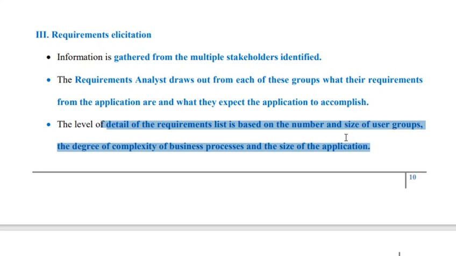Then we need to identify the stakeholders' expectations of the application, what the application is expected to do, and the level of detail of the requirements list, because different stakeholders may express the same requirement in different degrees of detail. So we also need to extract all possible details about the requirement, at varied levels of understanding, from different sets of audiences.